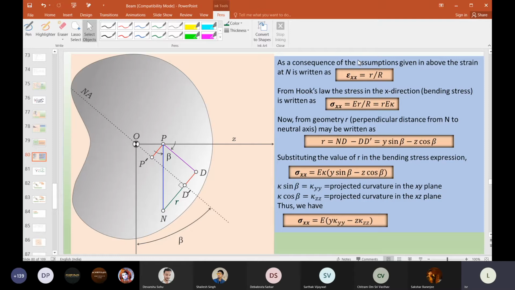Now based on that, that is y by R. We have derived this in our simple bending, because at any fiber the length will increase by, that is, the strain is y by R. If you have already forgotten, this is slide 80.